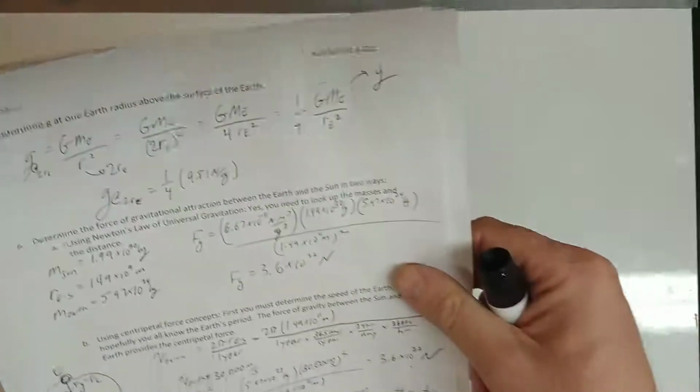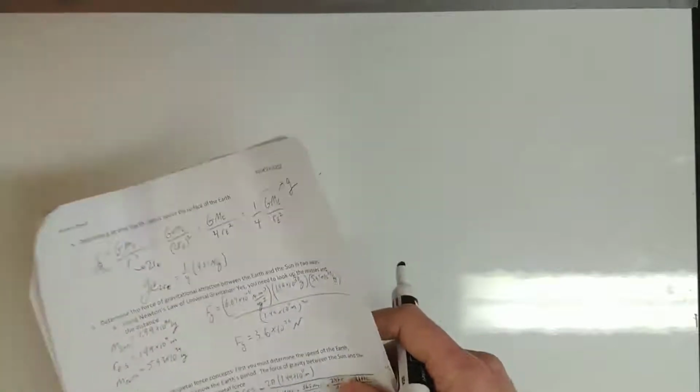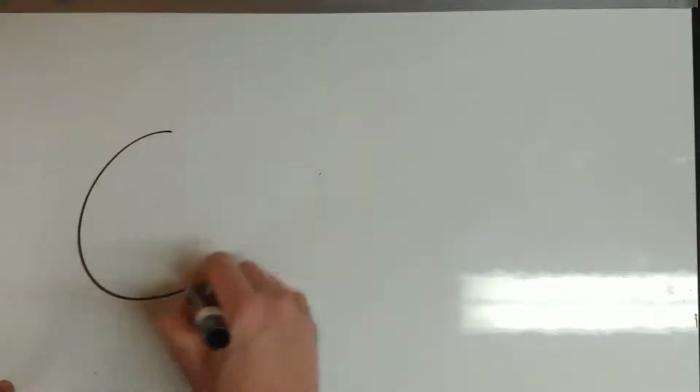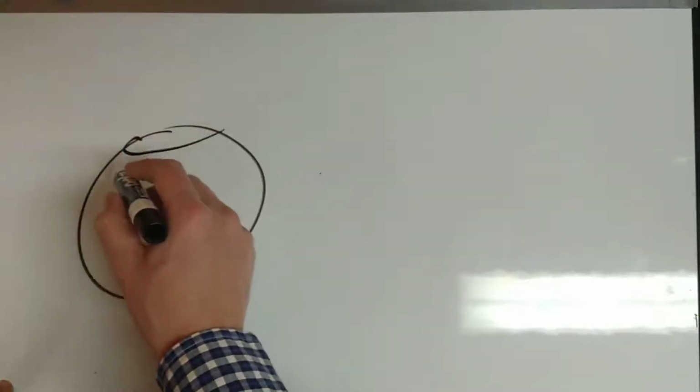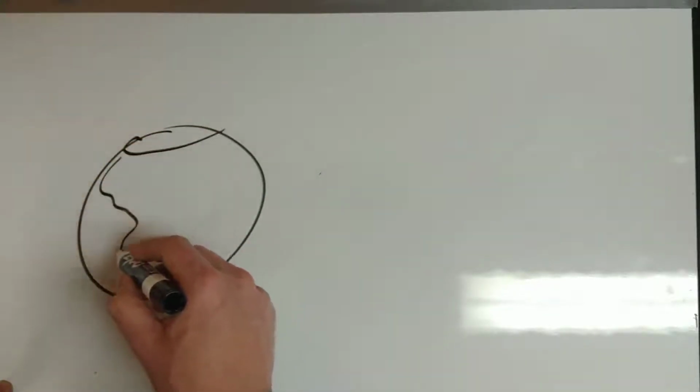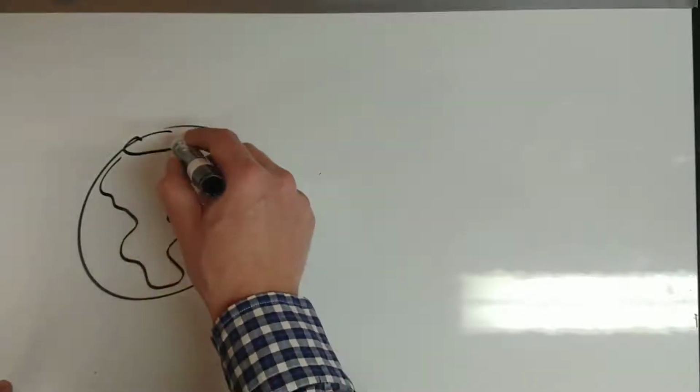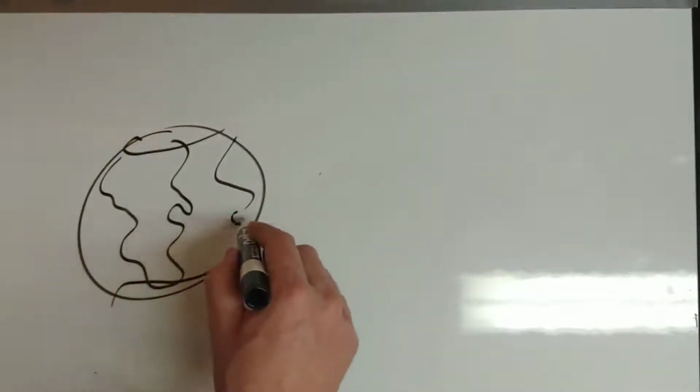All right, number 5. Determine g at 1 Earth radius above the surface of the Earth. What the heck does that mean, Harmon? 1 Earth radius above the surface of the Earth? Well, this is the way the Regents loves to word this, right? So you got the Earth, and I get to draw it again for you, my awesome Earth. I'm going to get lazy here and take a little shortcut. All right, beautiful.